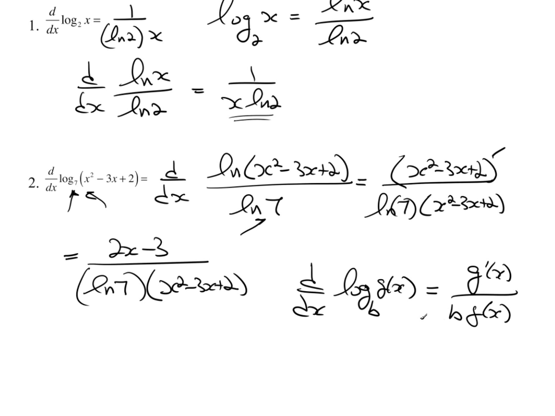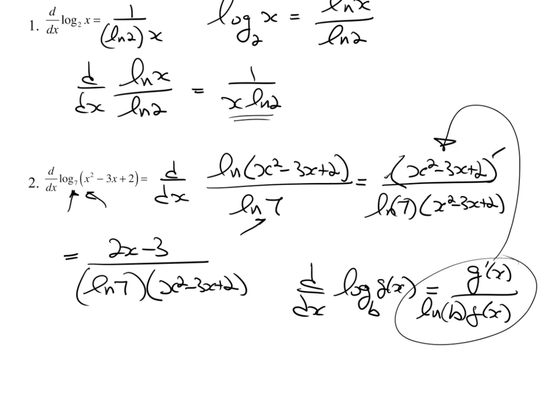Like I said here, I need to make a quick correction. That's ln b. I just kind of threw that b down there by itself. Sorry about that. And this right here is exactly what we did here. It's the same thing. It's just written in a generic form.